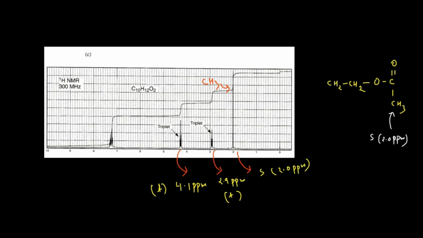That's why this signal is here. And this CH2 is connected with this oxygen, so it must be the downfield signal. This is basically your triplet, and this triplet is the one at 4.1 ppm. So I'm writing 4.1 ppm.